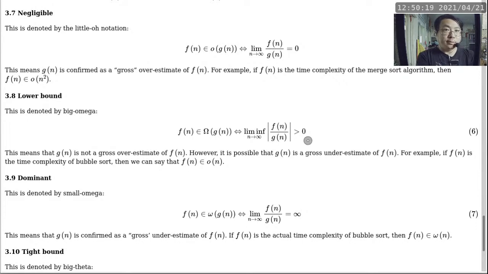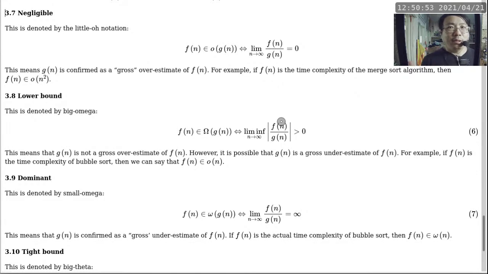I mean, it's as simple as that. So what happens when f of n is growing faster than g of n, so that this limit inferior is actually going to be infinity? Well, then the question is, is infinity greater than 0? Well, infinity is greater than 0, so yes. It would meet this requirement, so g of n is a lower bound of f of n.